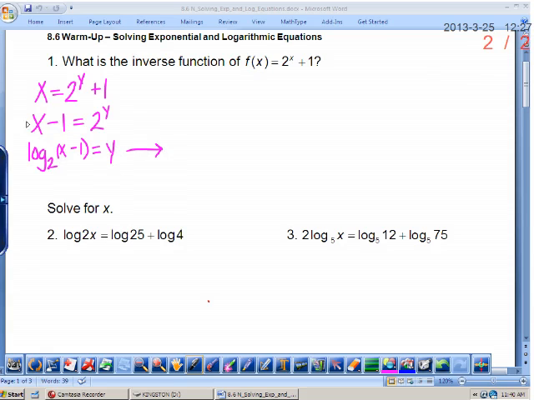Because this is all the argument. So we subtracted 1, and then we rewrote this as a log. How come on the original function it's not 2 to the power of x plus 1? Because those aren't inverses. So f inverse of x is log base 2 of x minus 1.